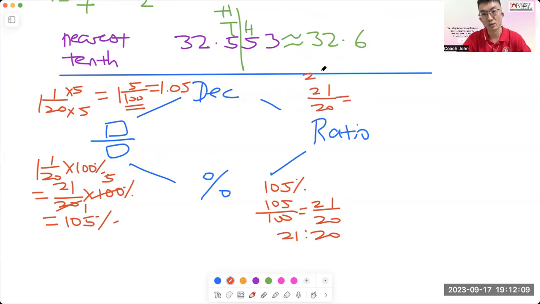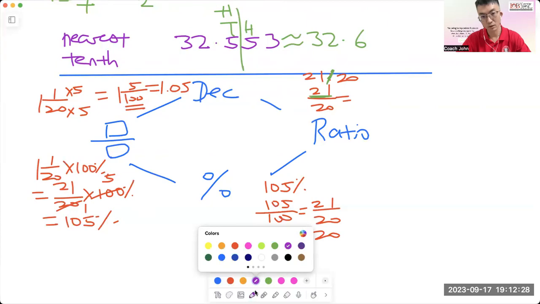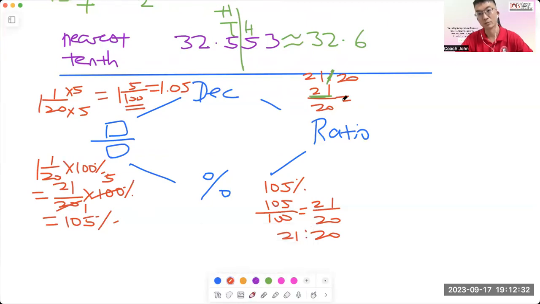Okay, let's say it's 21:20, and you change it to 21 over 20 because the colon is just like over, which is same as this one. So you can do long division, or you can just simply change from improper fraction to mixed number, and then again times 5, and you get 1.05.